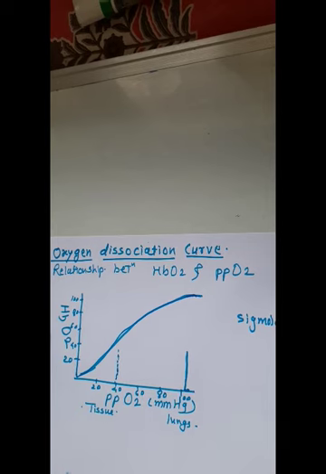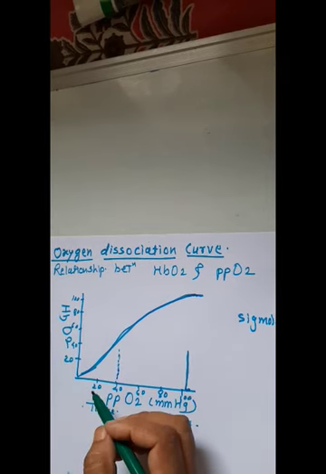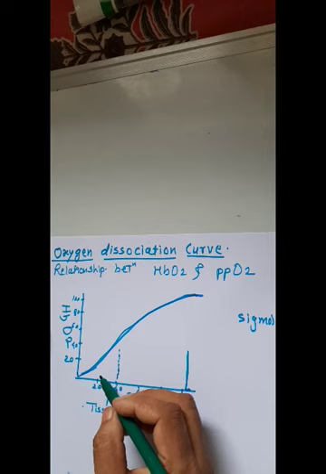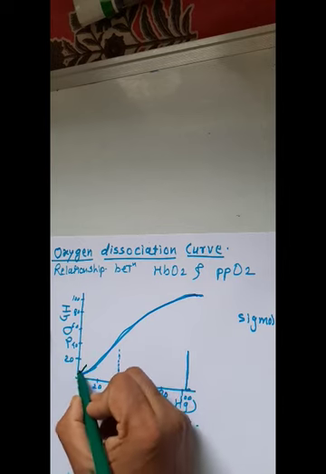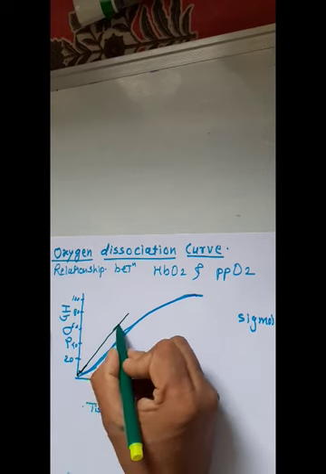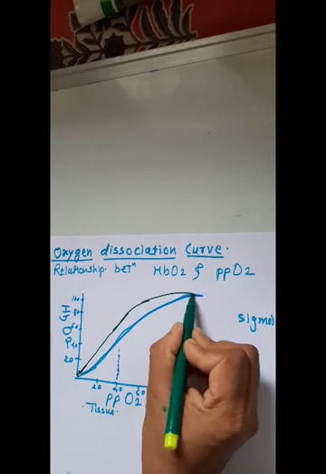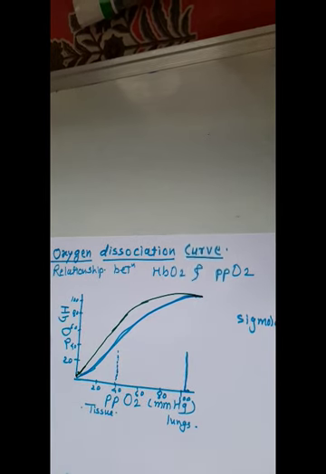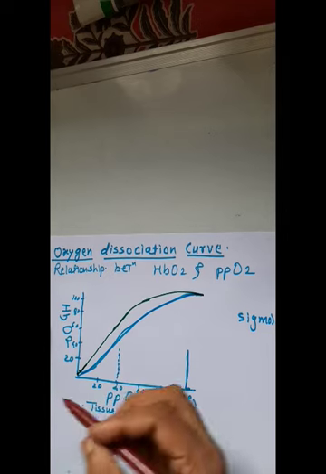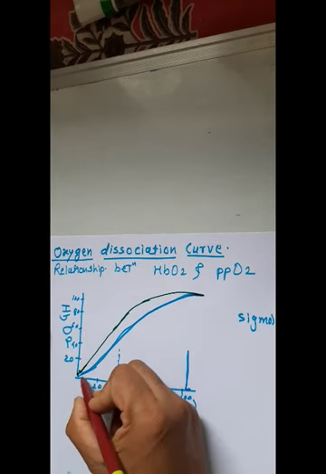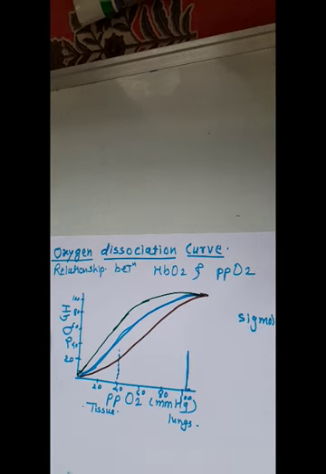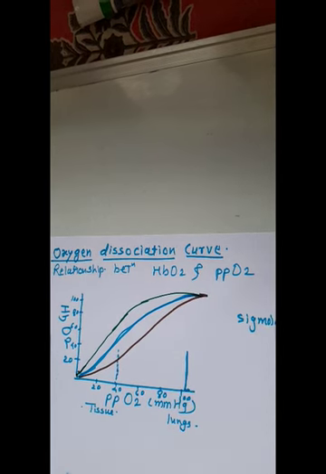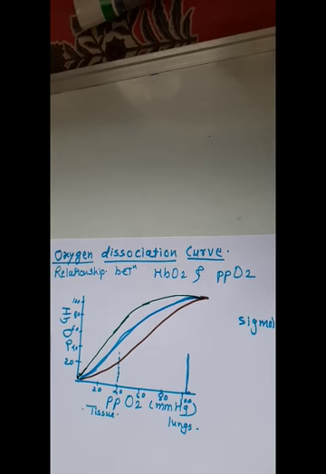But when the O2 concentration is lower, the graph shifts, and when the CO2 concentration is high, it also shifts. This is called the Bohr effect.